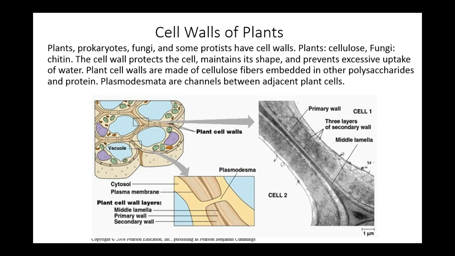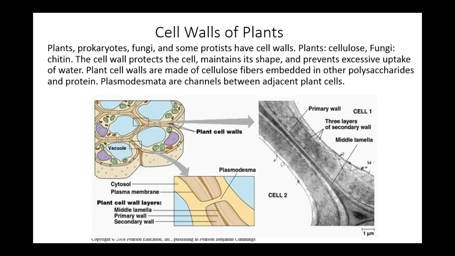Cellulose is a very strong building block of a cell wall. The cell wall also has openings that allow for things to get out of the cell, and also for communication from cell to cell in a plant.